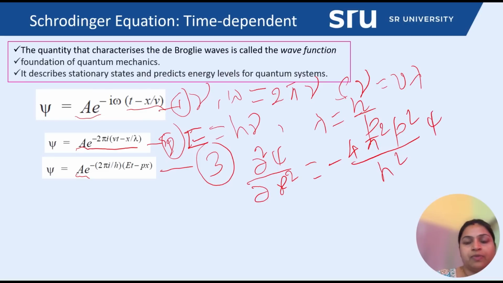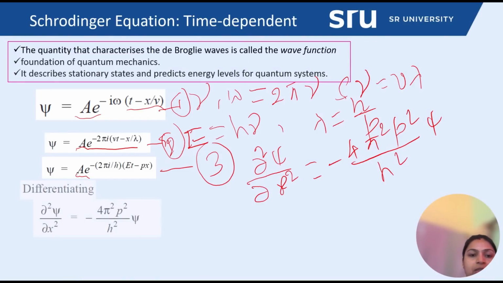Because here we are doing the derivative with respect to x, the Et term will have no component from this part. So differentiating two times, del square psi by dx square is equal to minus 4 pi square p square by h square into psi.